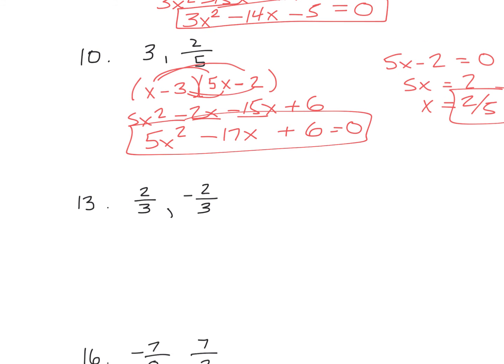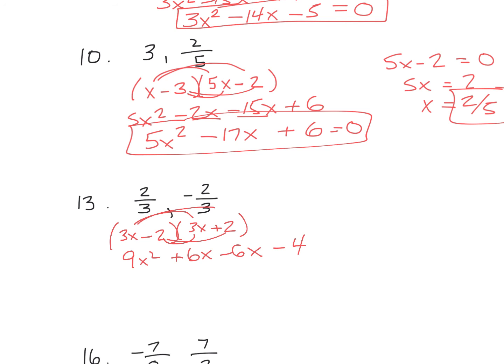13 is a special case here. We got a positive and a negative, same solution. So this is going to be, again, minus 2. We'd have to have 3x. This one we'd have to have positive 2 with 3x. And now foiling, I'd get 9x squared plus 6x minus 6x minus 4. You can see that the like terms cancel, and we're left with 9x squared minus 4.